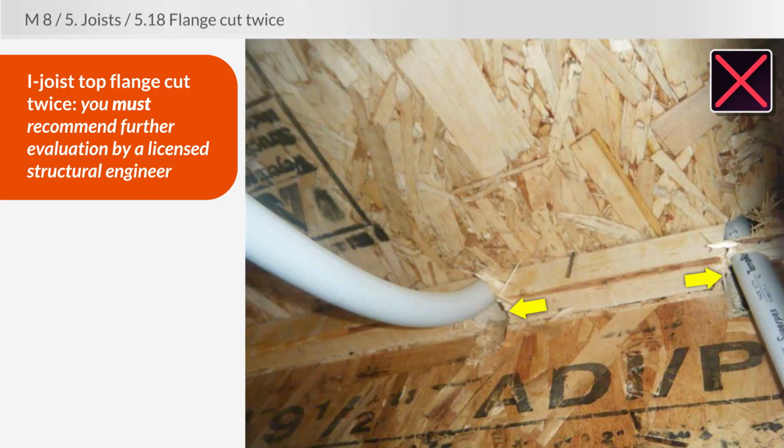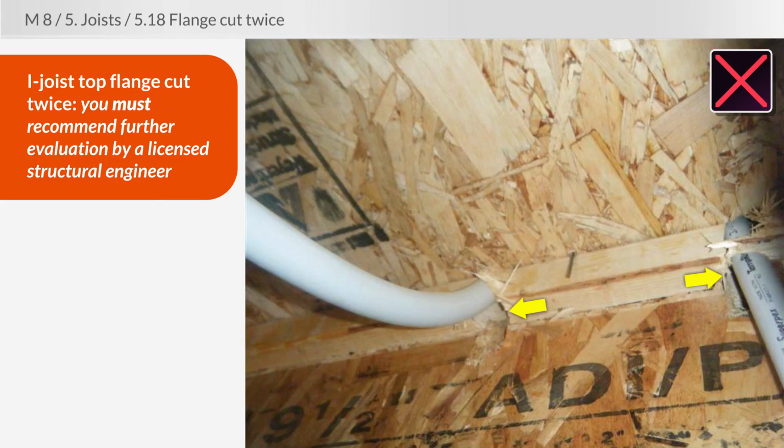By the way, if you're in an urban area where they issue a lot of building permits, you would get excellent backup from any building department. So if you were to write this up in an inspection report and your client went to the current owner and said, "Hey, my home inspector said the I-joist has been damaged and you have to get a licensed structural engineer," well, if that current owner went down to that town's building department and said, "Well, you know what?